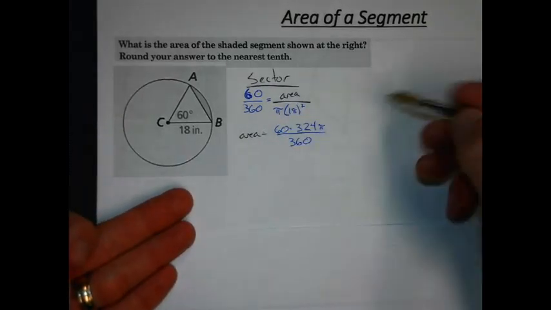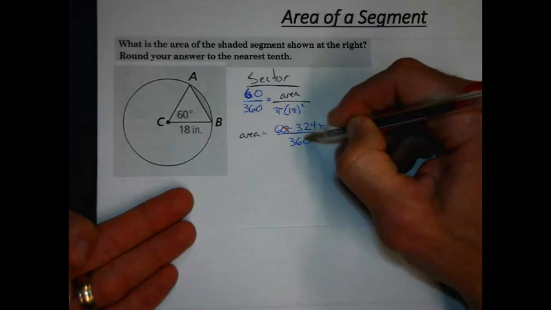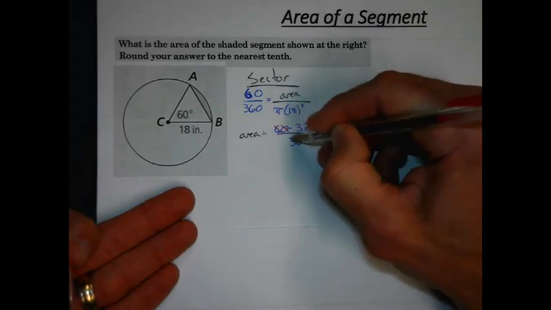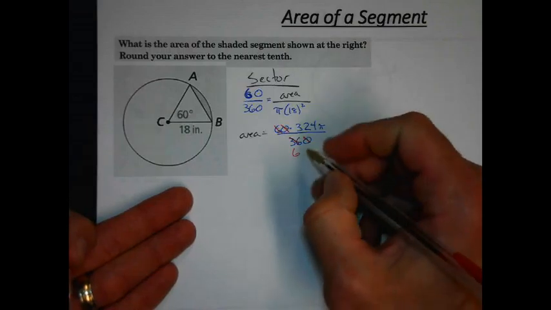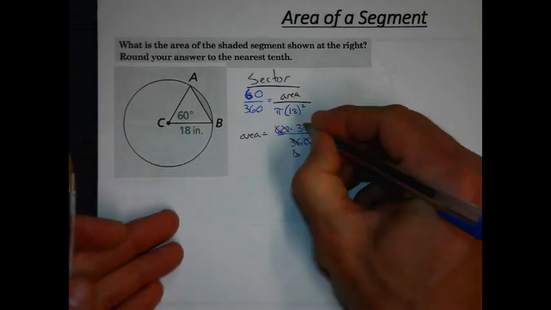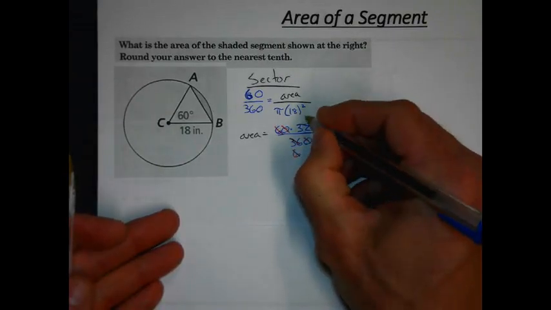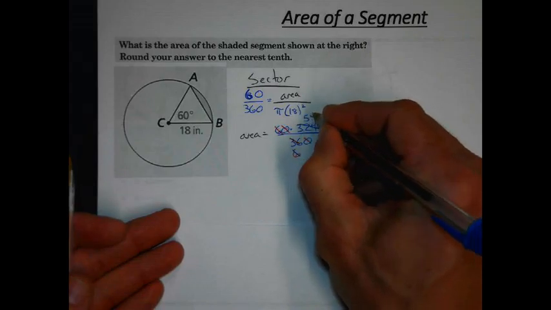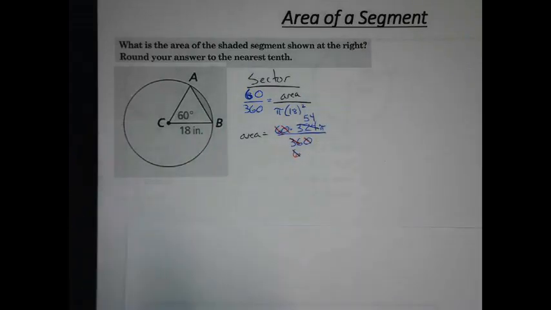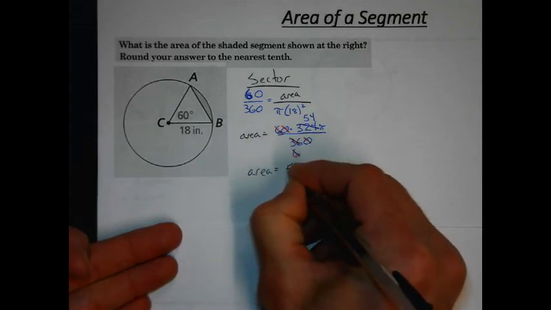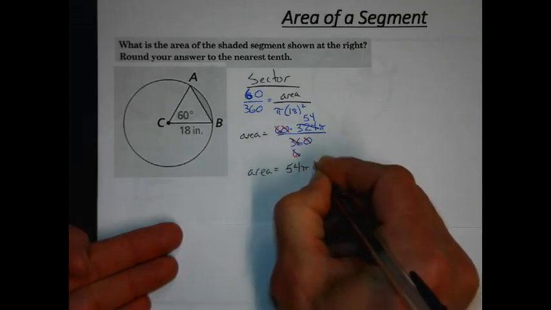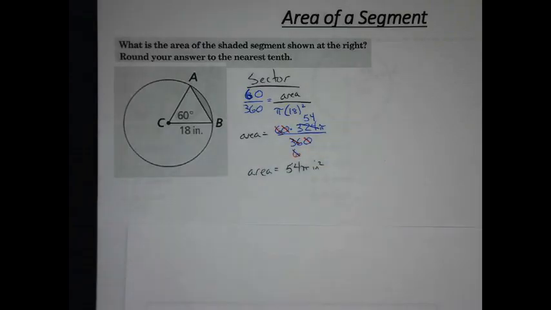So check this out, I'll show you some tricks. 0 cancels with 0. 6 goes into 36 6 times. And does 6 go into 324? It absolutely does. 6 goes into 324 54 times. So the area of the sector is going to be 54 pi square inches. Okay, that's the area of our sector.